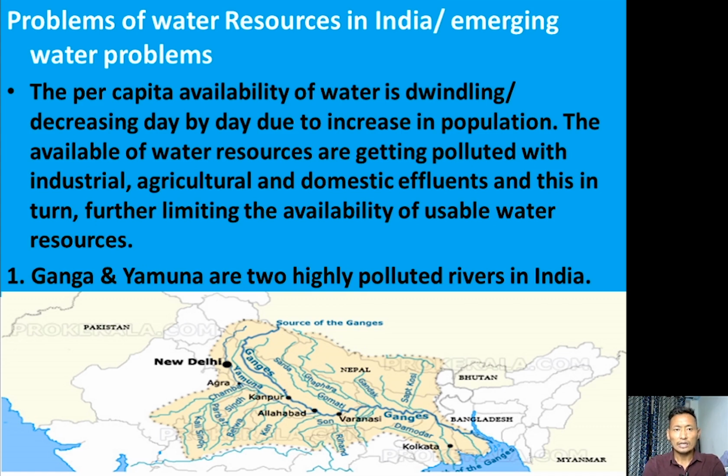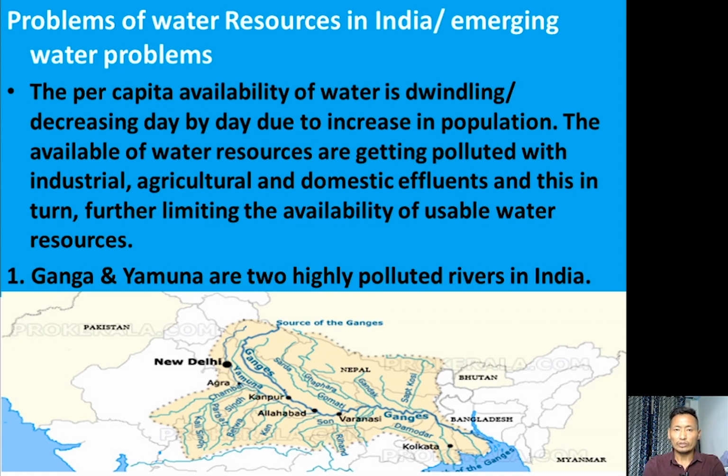Another reason is that the available water resources in India are getting polluted through irrigation, industrial, agriculture, and domestic sectors. So these are the two main reasons affecting the per head availability of water resources in India, which is decreasing day by day.